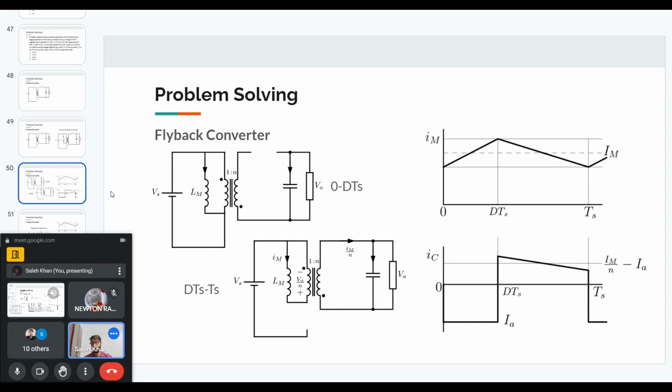Another application of these isolated converters is when we want a very high step up or step down ratio. Let's say we have 230 volts or 300 volts peak and we want a very small 5 or 10 volts at the output. With a normal buck converter, our duty ratio will be very small, and generating very small duty ratios is a problem.